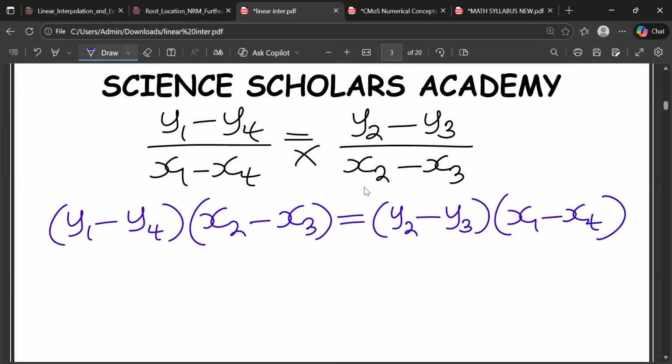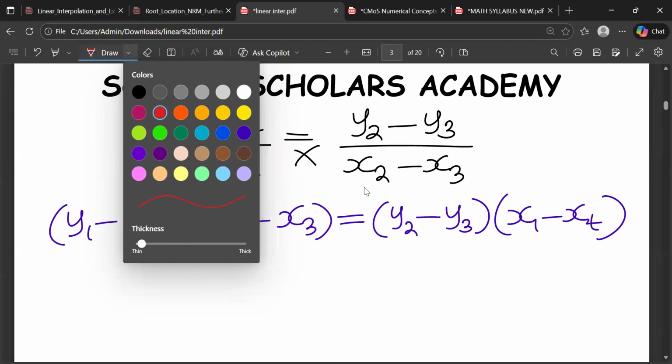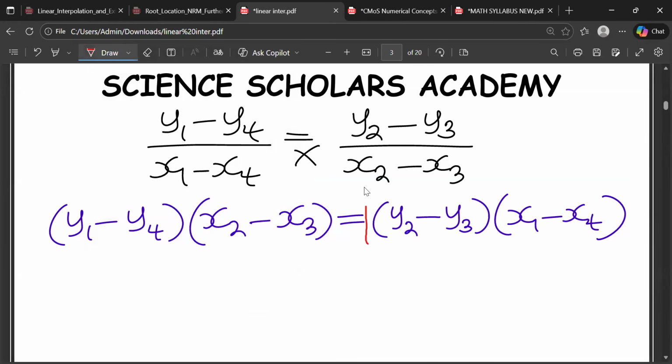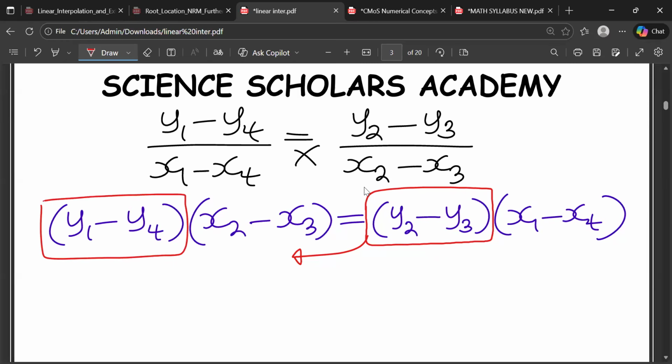I'm going to bring this to this side. Are you following? Then I'll bring this and take it to the other side. It will cross the equal sign. Are you following?